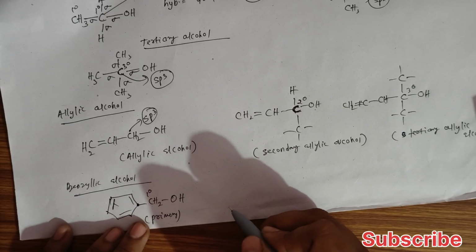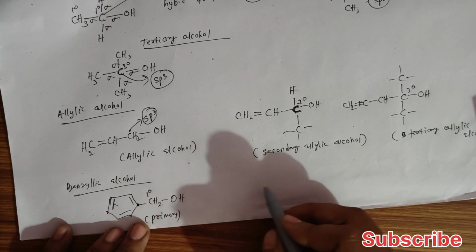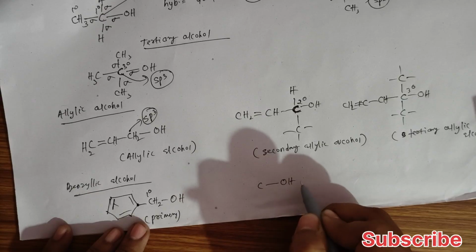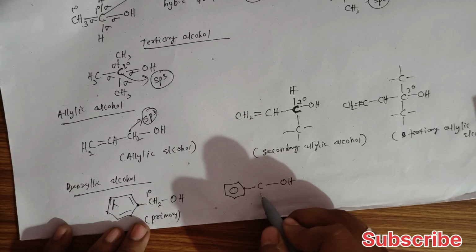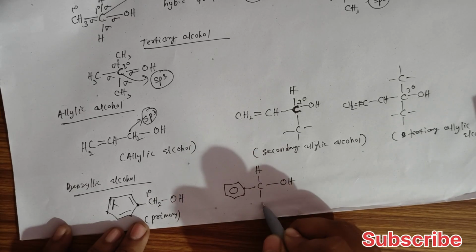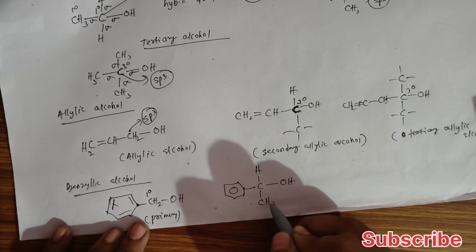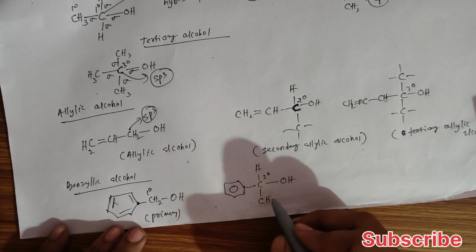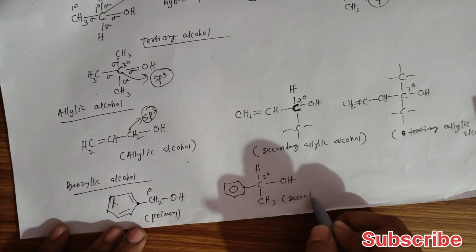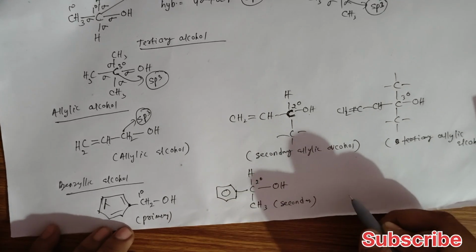If I talk about secondary benzylic alcohol, that means the carbon atom directly attached to one OH group is also attached to a benzyl group or phenyl group and to another carbon atom. Then that carbon is called a secondary carbon, and this is our secondary benzylic alcohol.